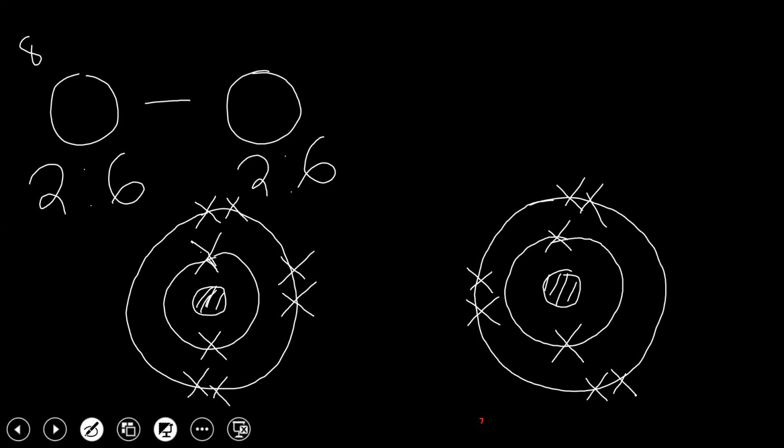So what do they do? Because this one needs 2 and this one also needs 2, they come closer and combine. After the combination of those atoms, you're going to form something like this. We have the nucleus, and the inner shell has the 2.